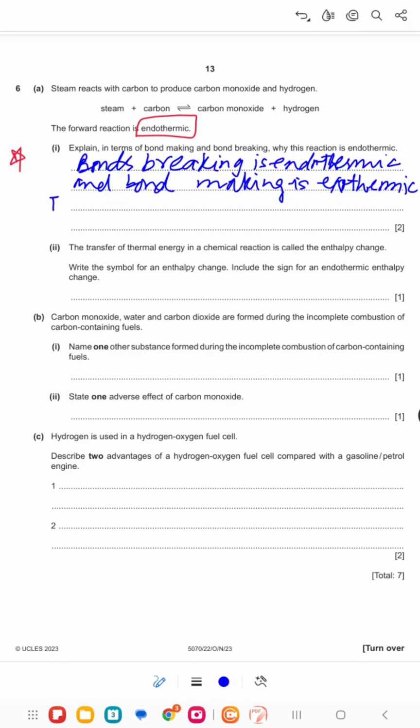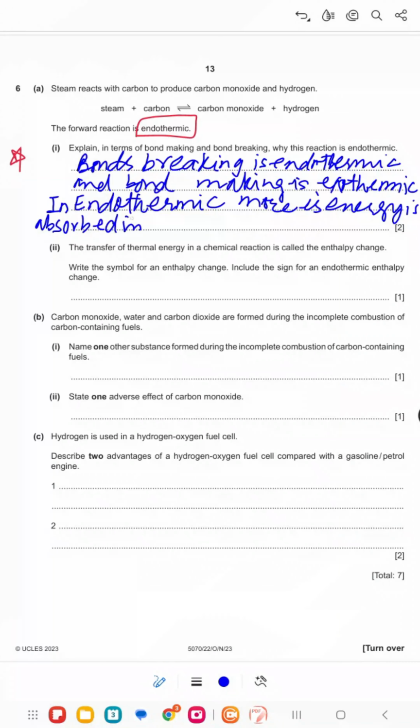So in an endothermic reaction, more energy is absorbed in bonds breaking than released in bond making.